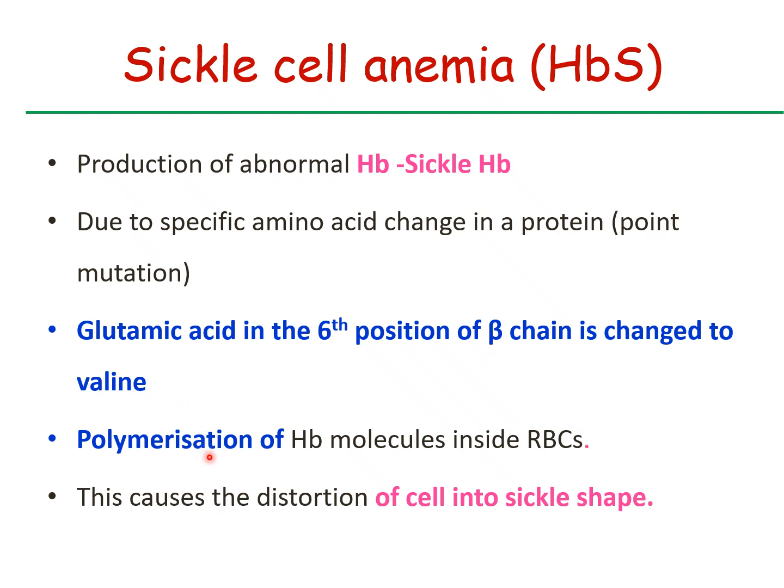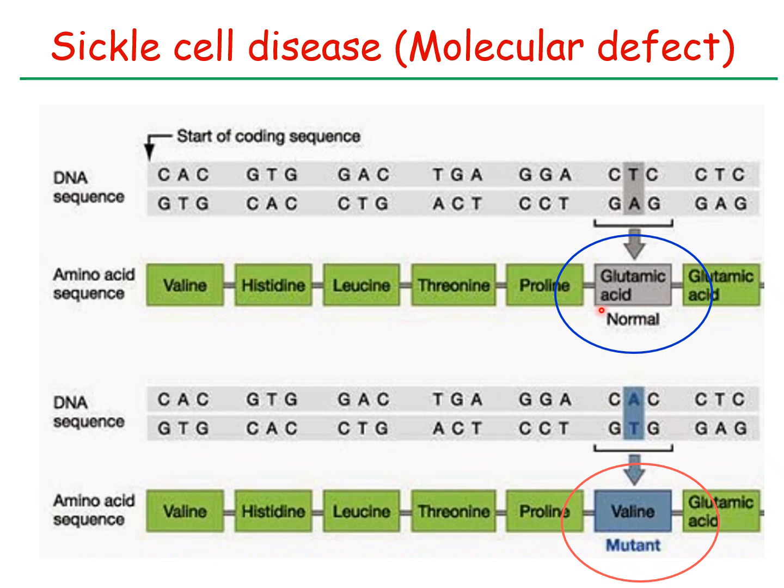So polymerization of hemoglobin molecules inside RBCs happens, and this causes distortion of the cell into sickle shape. Here I just want to show, no need to write in the paper. Instead of glutamic acid, this is the normal one. For glutamic acid, codons are there, GAG, CTC, like the triplet codons which we have read at +2 level, genetic codons.